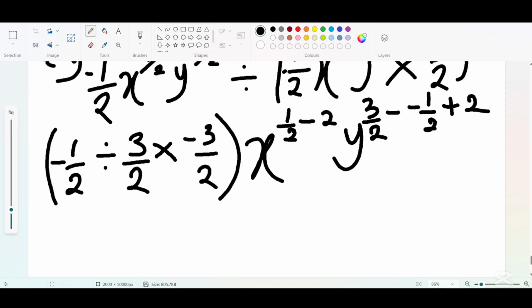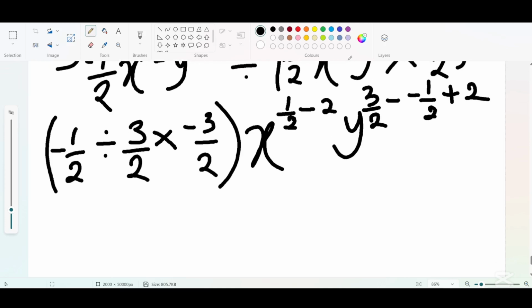So the next thing we are going to do is to cut if cutting is possible. So at this point, what are we doing? We have division here. We convert division to multiplication. So we say minus 1 all over 2 times 2 all over 3. This is multiplication. This one is multiplication.